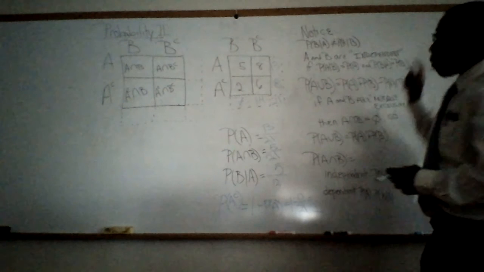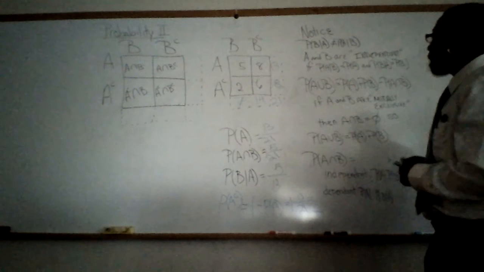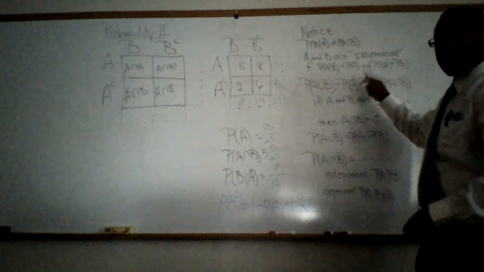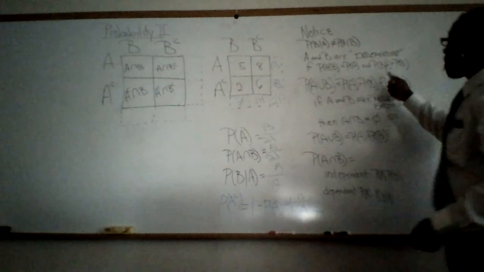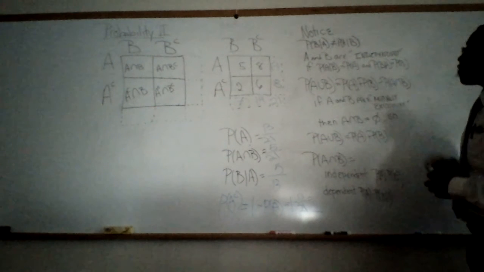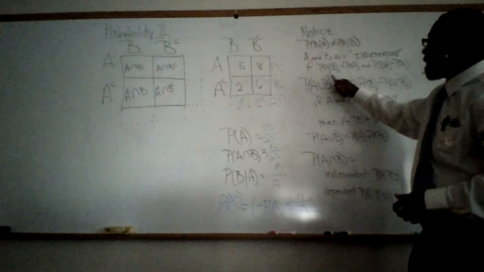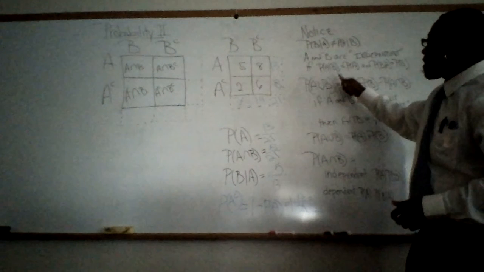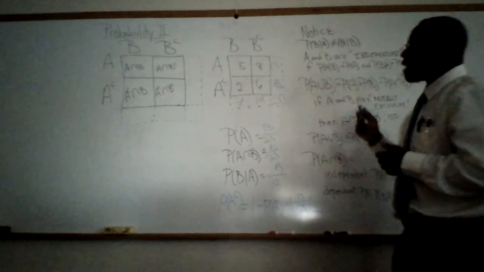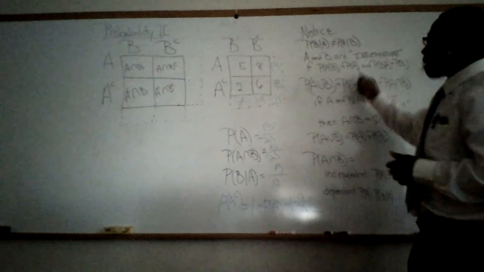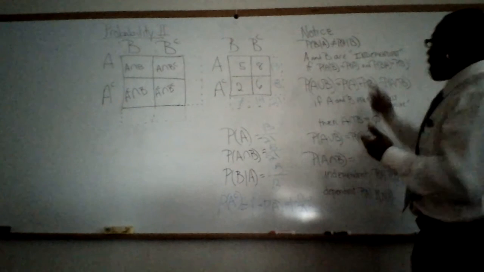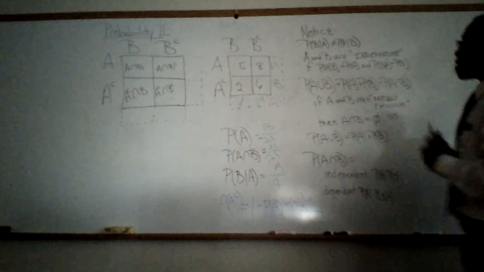A and B are what we call independent, a term you'll want to look up, if the probability of A given B is equal to the probability of A by itself, and the probability of B given A is equal to the probability of B. All we're saying is that if we're given the information that B happened, what's the probability of A? If it's equal to the probability of A, that just means that B had no impact on helping us decide that. And the same goes here as well.